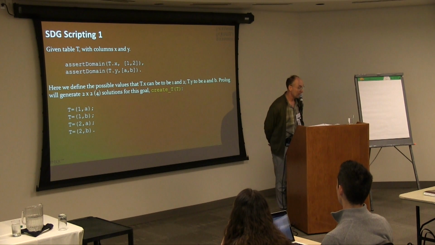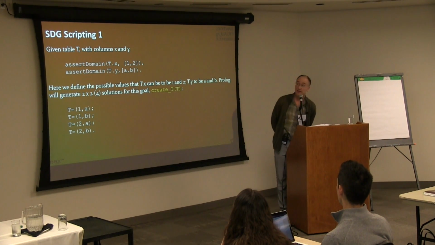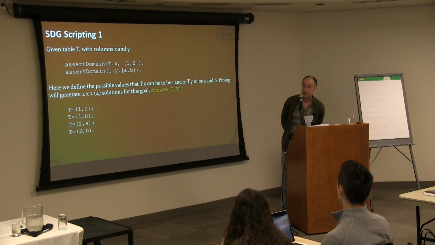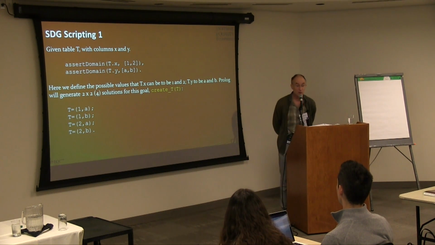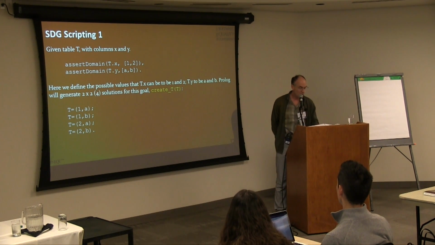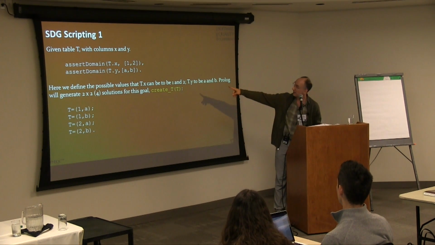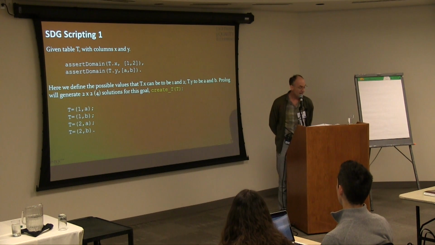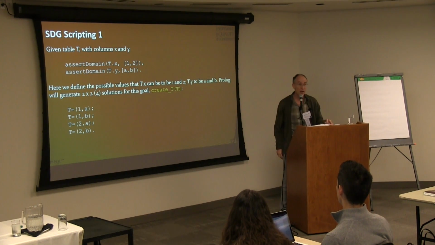This is table T with columns X and Y. We're defining a domain on X to be values 1 and 2, and on Y to be A and B. Here we are calling the constructor create T, and it generates us 4 different rows with all the different combinations. That's the Cartesian product of the size of those 2 domains, so that's 2 times 2. 1A, 1B, 2A, 2B.